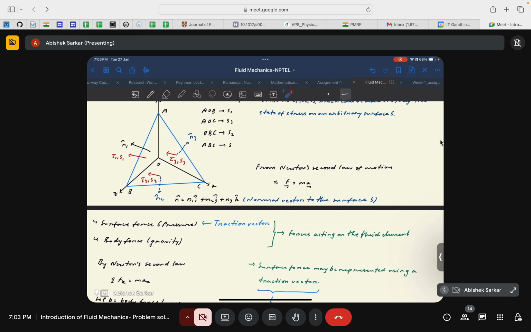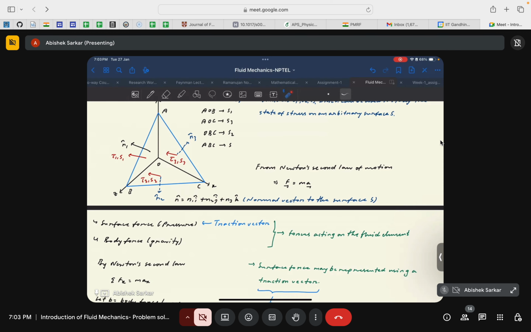For example, take body force, say gravity. In general, yes, it will affect the surface forces. Why? Because if gravity is the driving factor that drives your flow, the velocity gradients, or the velocity, will be affected by gravity.